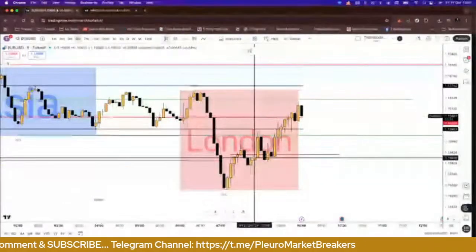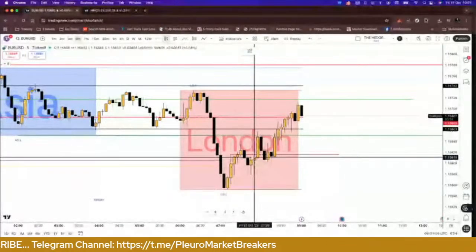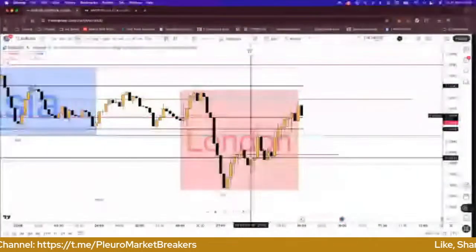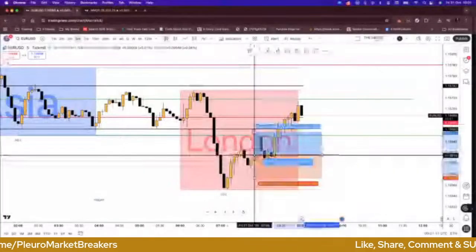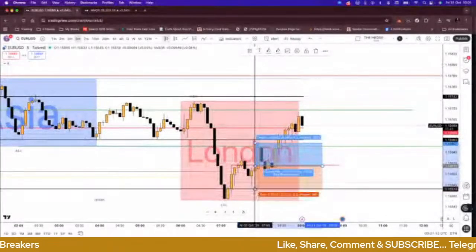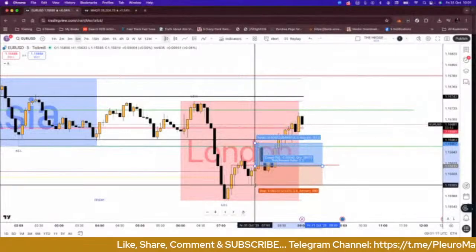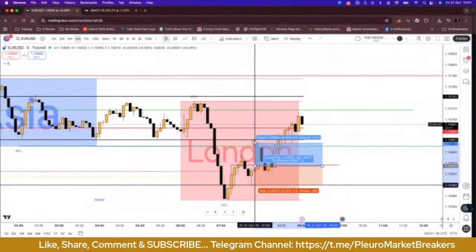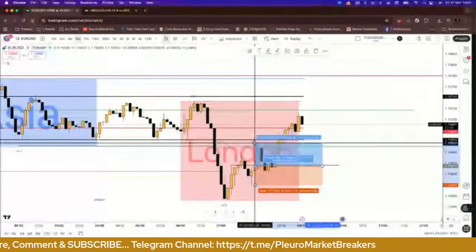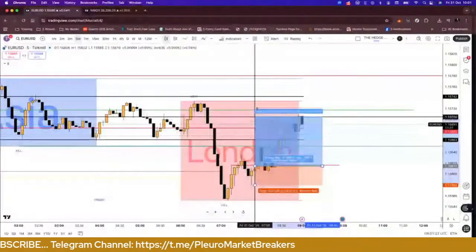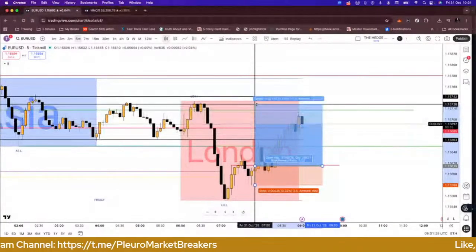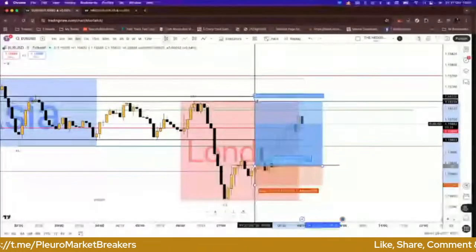But this would have been your entry, once price clears this candle on the way up. If you're brave, that's your low, and you target the already established high of London.